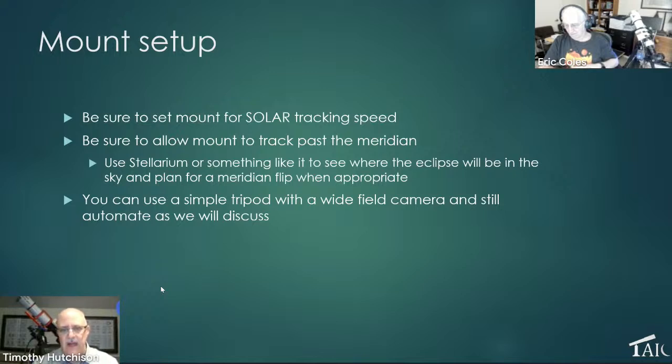Don't worry about guiding. Just put it on a fixed tripod. You could use something like Stellarium to see what the path is going to look like and what you can expect. Set it up and do it that way. Still automate the photography with something like we're going to show you here, but not worry about all the tracking and guiding. So that is an option if you did want to take a simpler path.